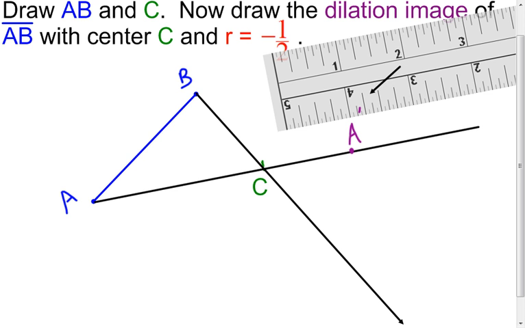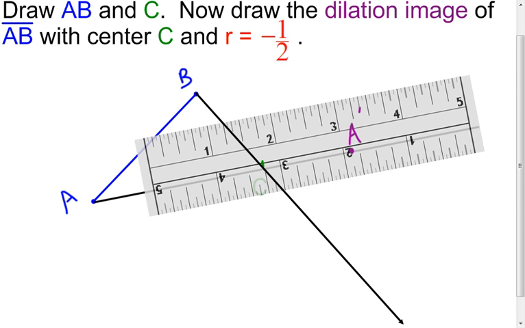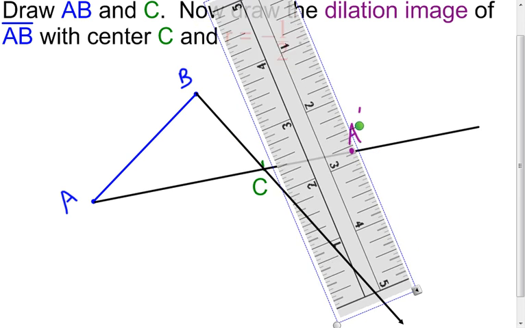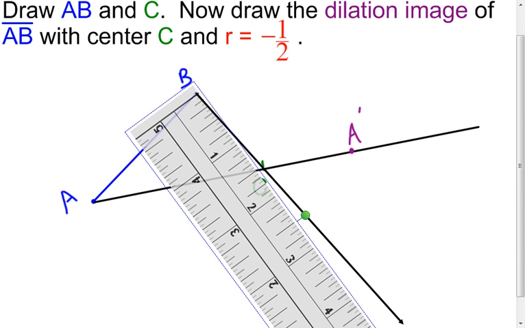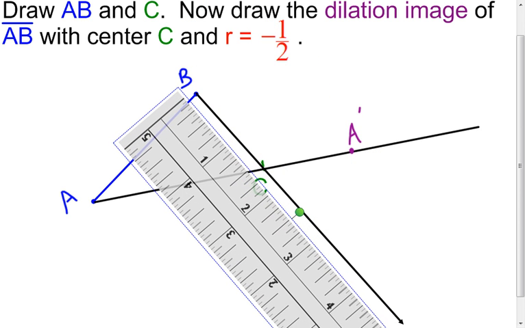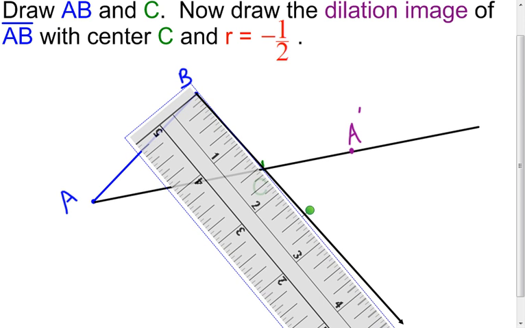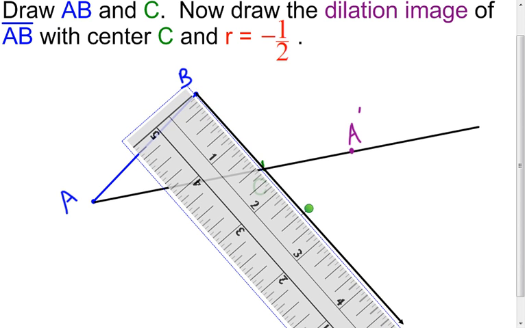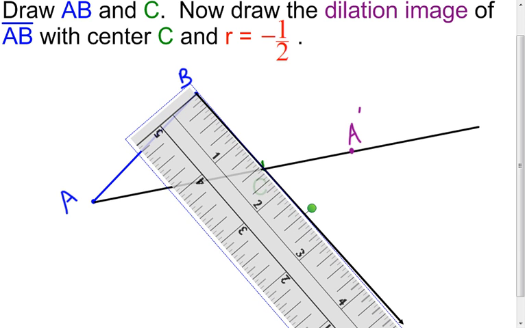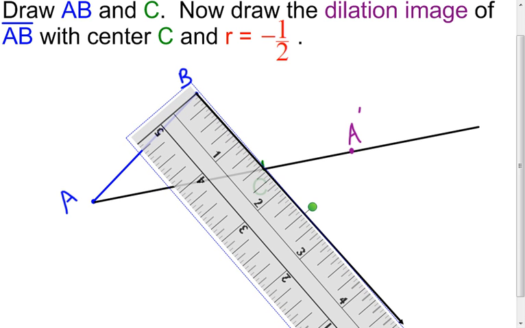And again, I need to measure how far it is from my center of dilation to my pre-image, my pre-image being B this time. And now this one I'm looking at is approximately, what do you want to call that?